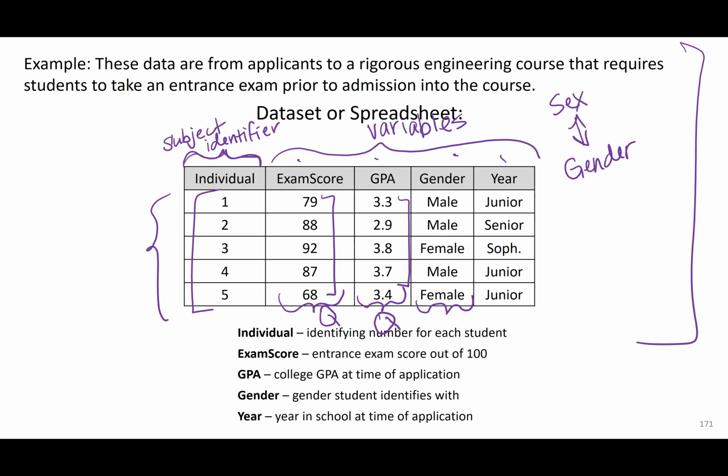If I look at the gender variable, you see male, female. The second you see things that aren't numbers, most of the time this is a good indicator it's going to be categorical. So I'm going to write cat. And then year: junior, senior, sophomore, junior. Once again, these are not numeric. It would not make sense to average them, so I'm going to go with categorical. So that would be a breakdown of this very basic small data set.